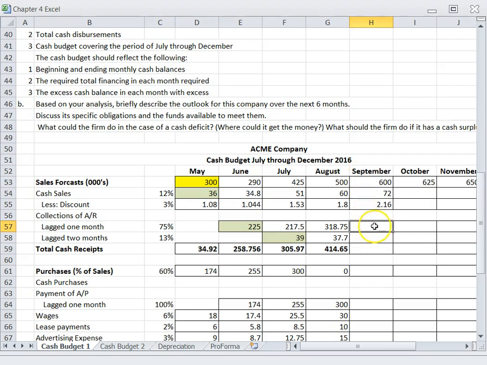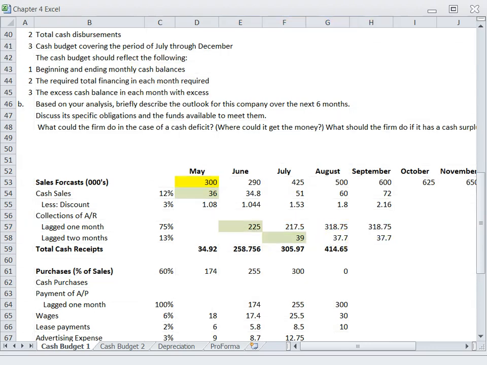Well, it's going to be 75% of August. So this will be 75% of August. And this will be 13% of July. So this is the formula.